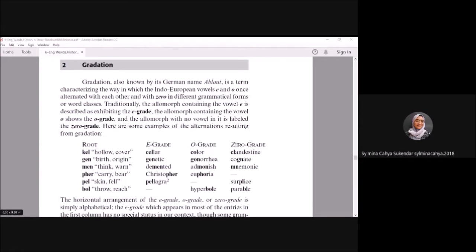Gradation is a term characterizing the way in which the Indo-European vowels E and O once alternated with each other and with zero in different grammatical forms of word classes. Gradation in German is called Ablaut.